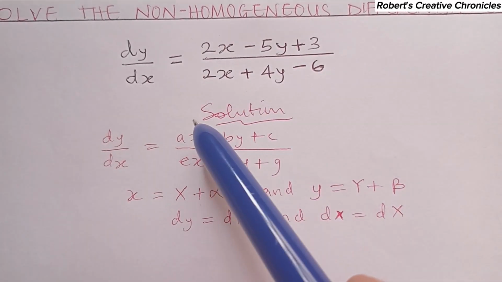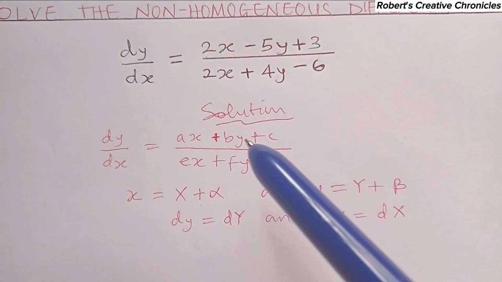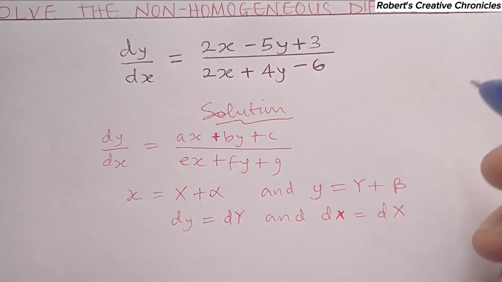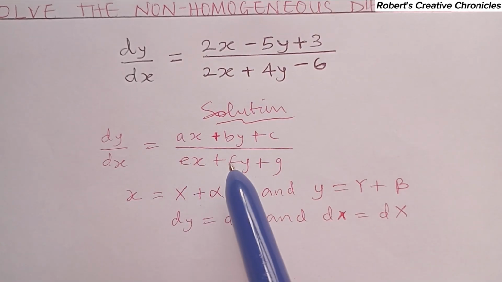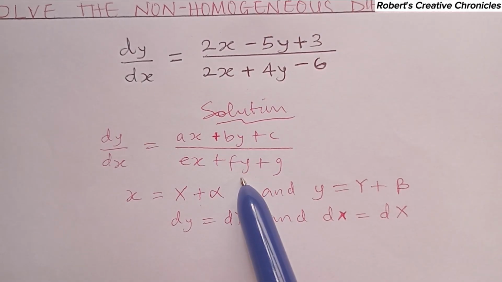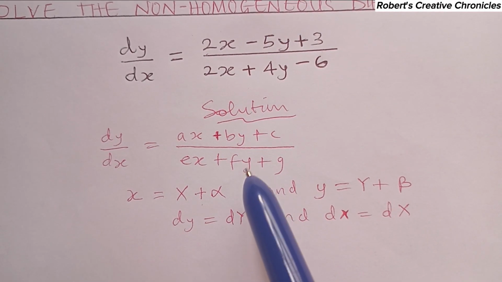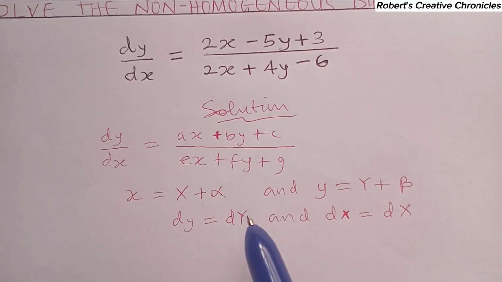So they are not identical, so we can solve uniquely for alpha and beta. But if a divided by e was equal to b divided by f, we would not be able to solve uniquely for alpha and beta. So these ratios must not be the same.